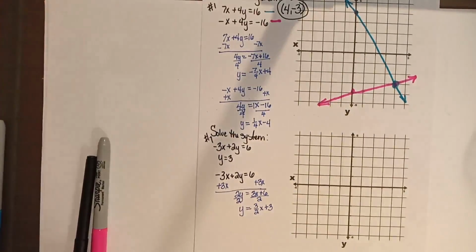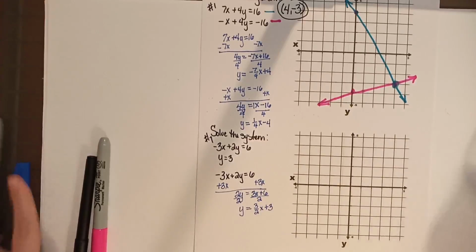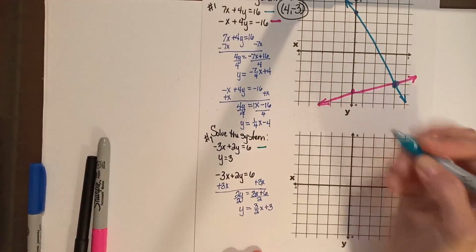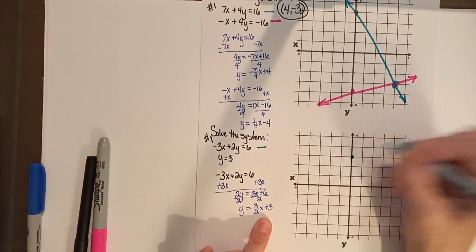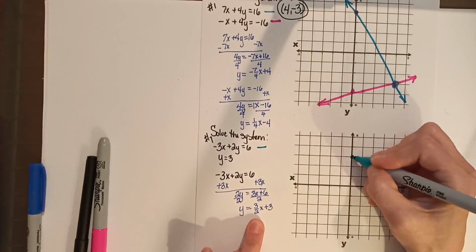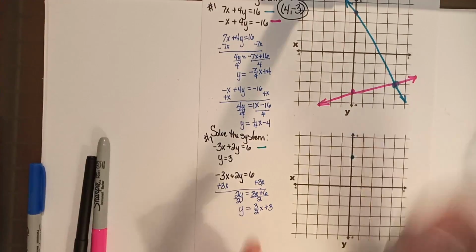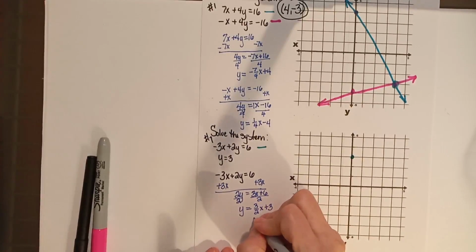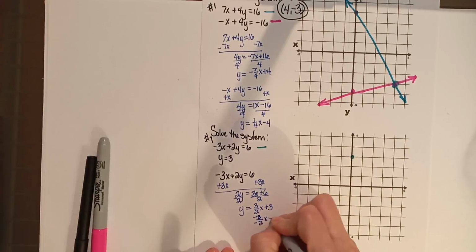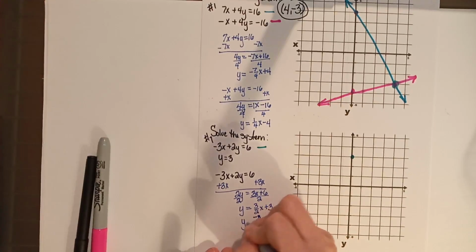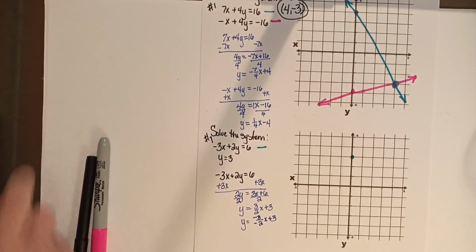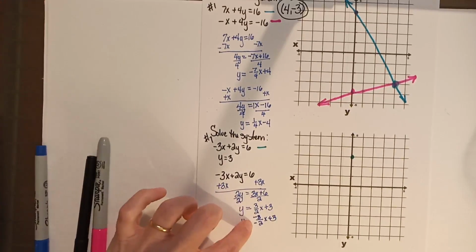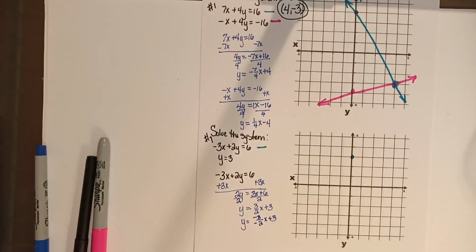Now I'm going to go ahead and graph that in green. If I graph that in green, it is a positive 3. Then I go up 3, and I don't have enough room to do that. Remember what we talked about before. I can call this a negative 3 over negative 2x plus 3 and keep this on the grid that I have, because a negative 3 over a negative 2 is also positive.